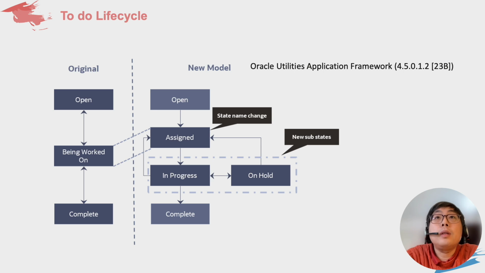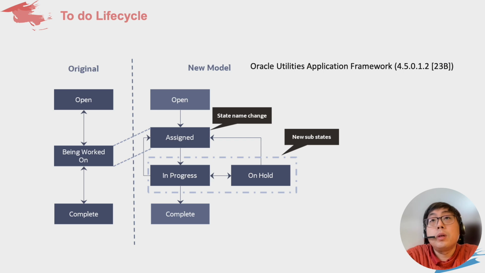So it actually introduced a few new states. I think this is more around managing the to-do, because on the left at the moment, it's quite hard for the management to trace what the actual state on the to-do is.